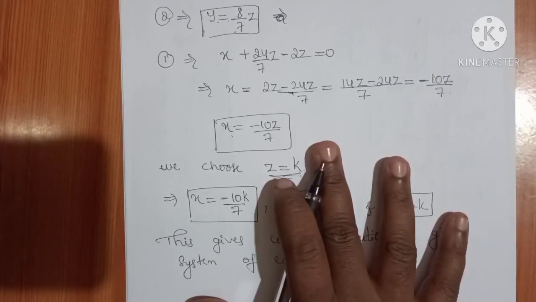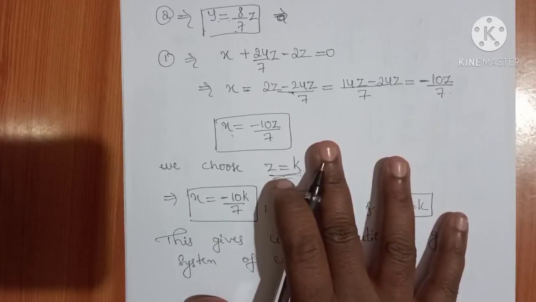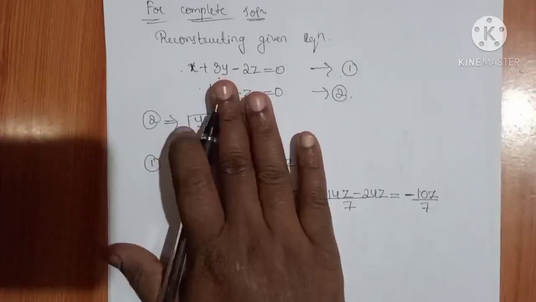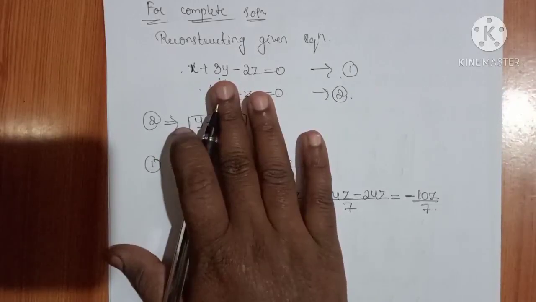Otherwise, if rank of A is equal to n, the number of unknowns, then we stop there, as the given system has only the zero solution. If it has a non-zero solution, then we reconstruct the given system of equations by row reduced echelon form.